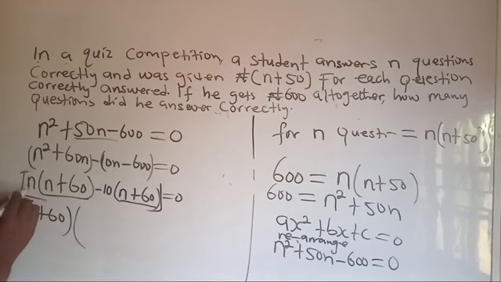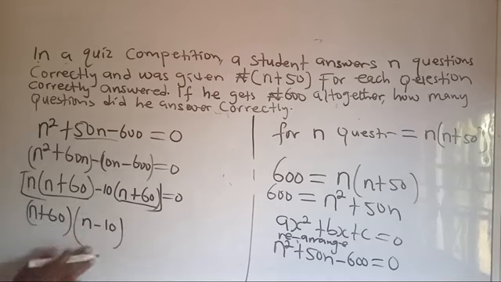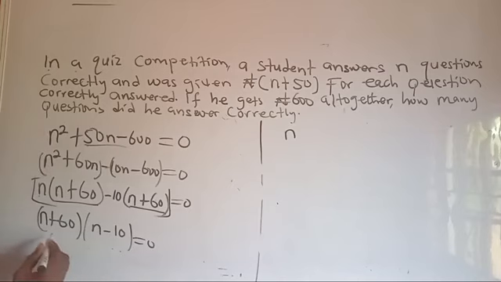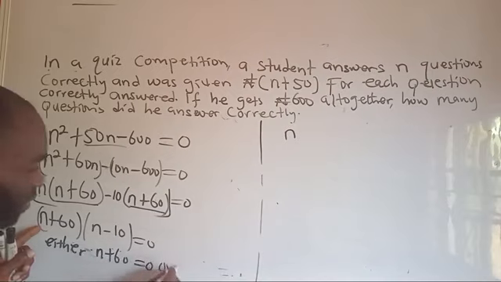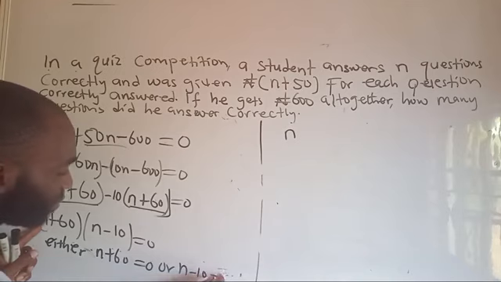Then what is remaining inside the other bracket is n minus 10. So now either the first bracket, n plus 60, is equal to 0, or n minus 10 is equal to 0.